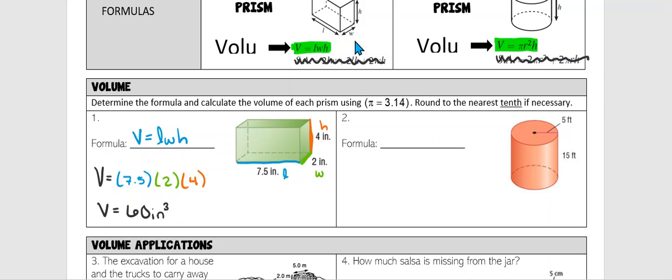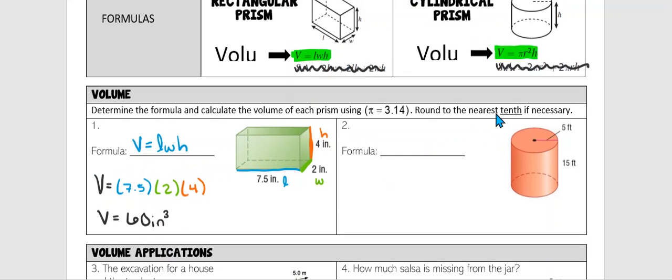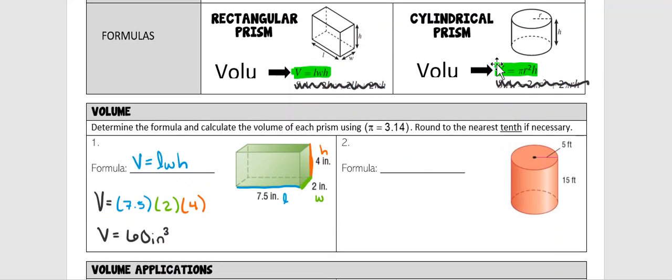If we look at the next shape, this looks like our cylindrical prism, or our cylinder. So I'm going to copy down the cylinder formula: volume equals pi r squared h. Now I need to figure out what those values are. Pi is always going to be 3.14.